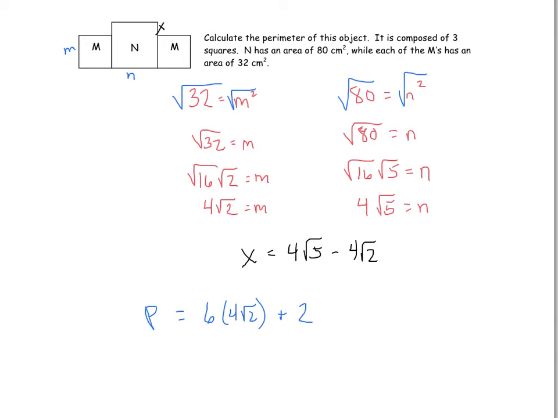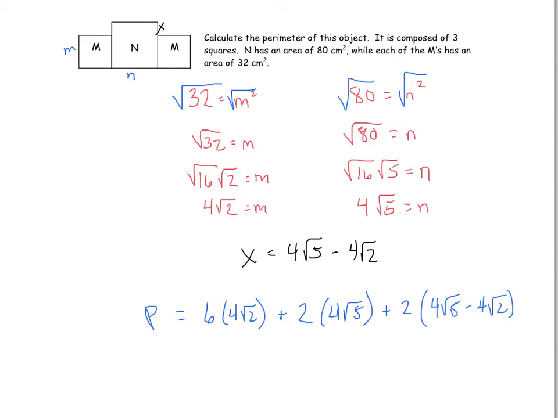So 2 times n, because we have an n here and n here. So 2 times n, which is 4 square root of 5. And then we have these two lengths here, which is defined by this, and we have 2 of them. So we're going to have plus 2 times 4 square root of 5 minus 4 square root of 2.